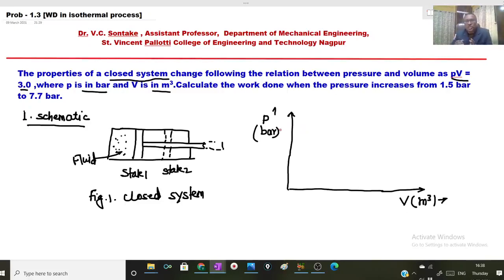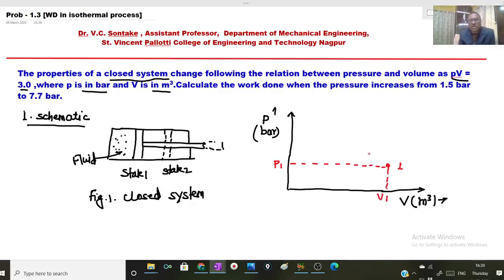So initially the pressure will be low and volume will be large. So that point can be represented somewhere here. This is the initial state of this system, and at this point its pressure is P1 and volume is V1.